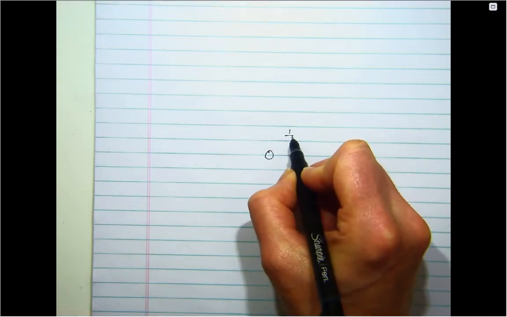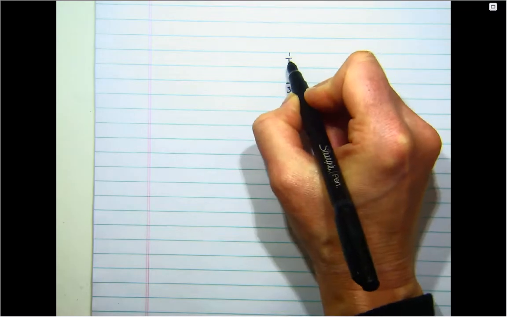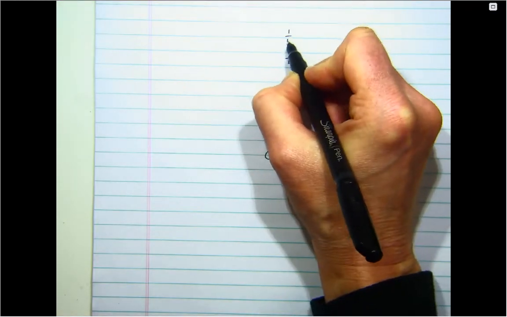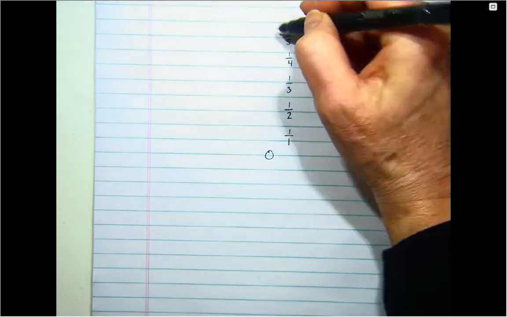And then we're going to make a column of fractions whose top, or numerator, is 1. So I'm going to have 1 over 1, 1 over 2, 1 over 3, 1 over 4, 1 over 5. And I'll put a dot, dot, dot. So that's all the fractions whose numerator is 1.